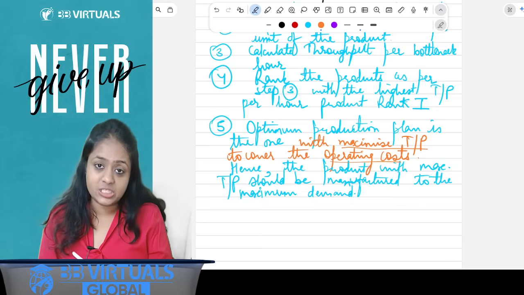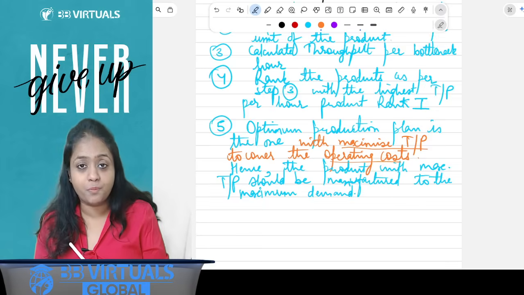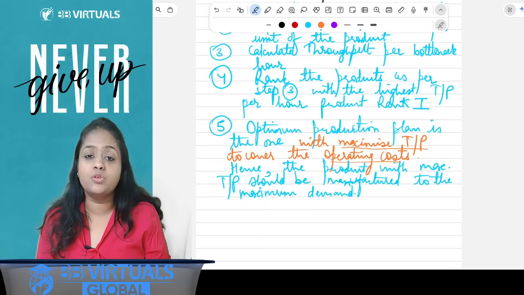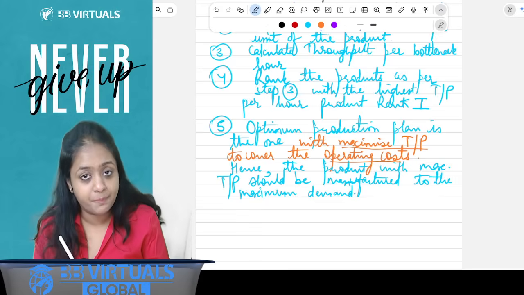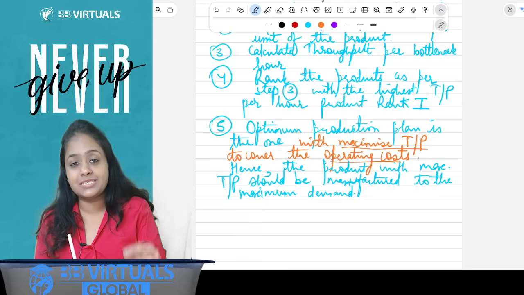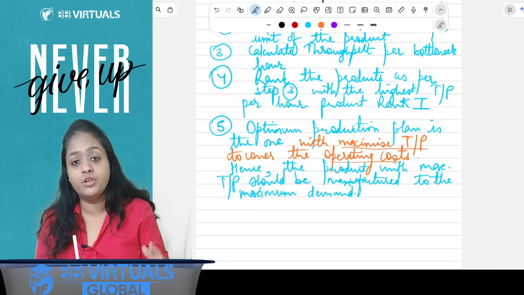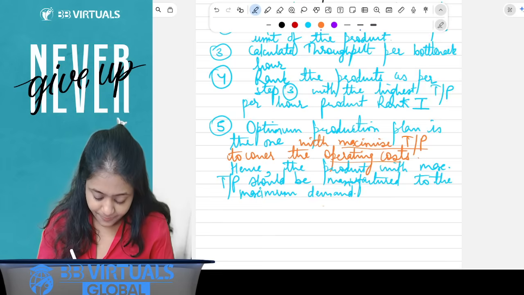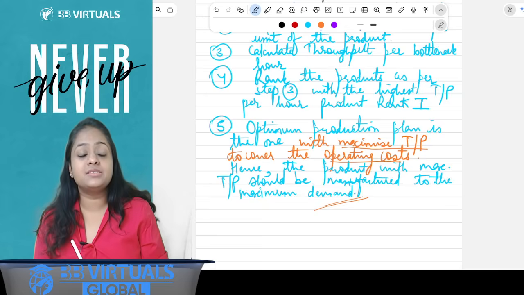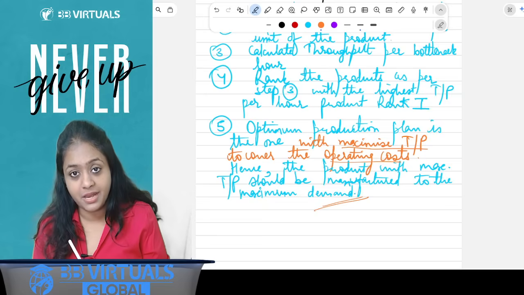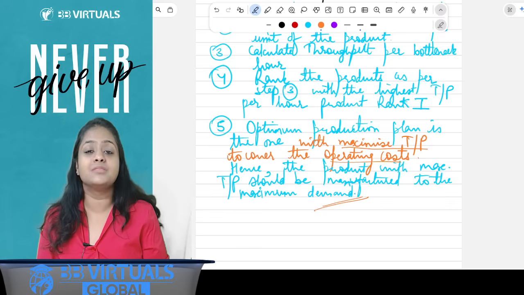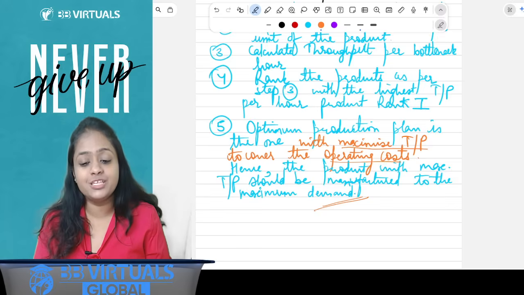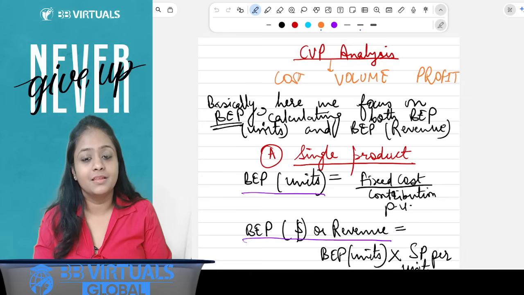And of course, the last products that have got the lowest throughput will only get a few hours, and based on that only a few units will be produced. So the aim is to maximize throughput and maximize the profitability of the organization, so that the maximum demand is met and that gives the maximum advantage to the entity. That's all for throughput. Let's move on to the next topic.